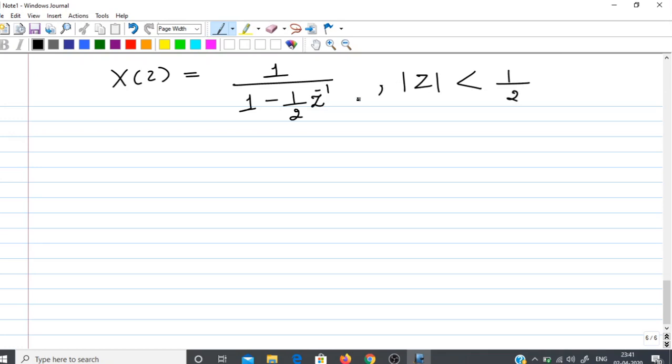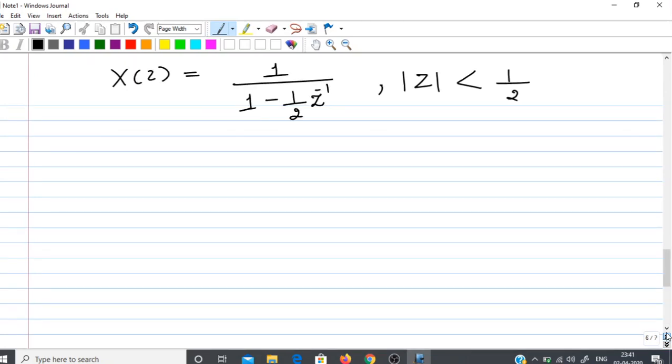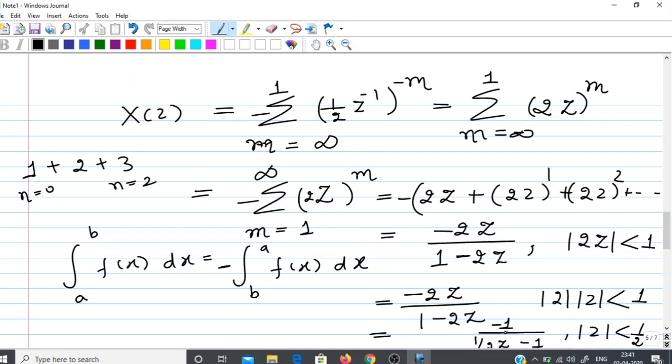You just see what I have done. This minus sign I have taken inside. So this minus 1 becomes plus, and this 1 by 2z becomes minus 1 by 2z. That I have written as half z inverse.